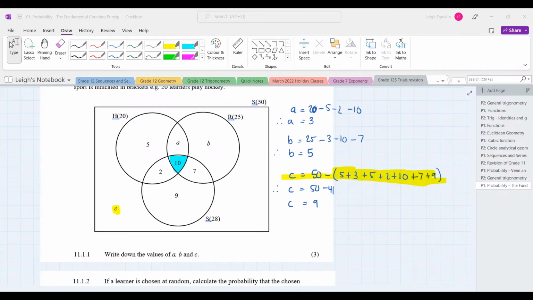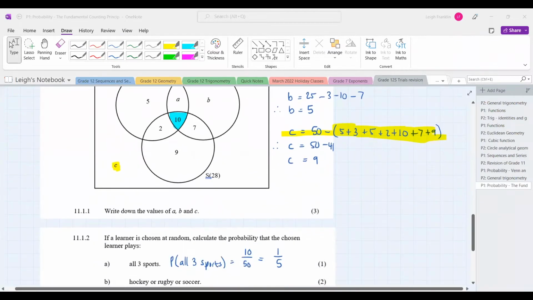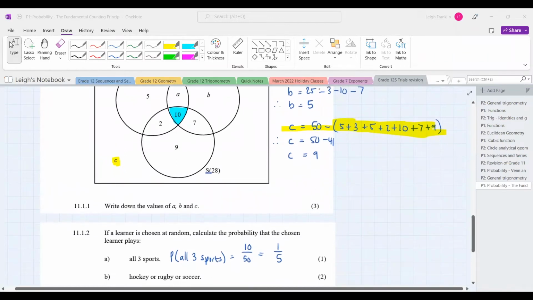You added 10 and okay, all right. So now these regions, so the question was, what is the probability that a learner chosen at random plays hockey or rugby or soccer? So it's 11.1.2b.